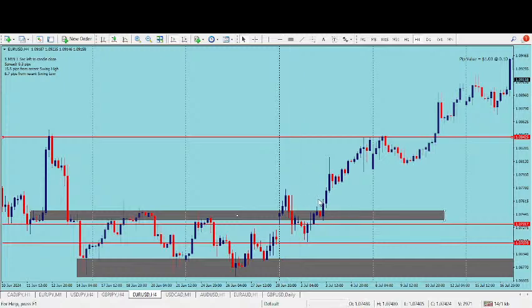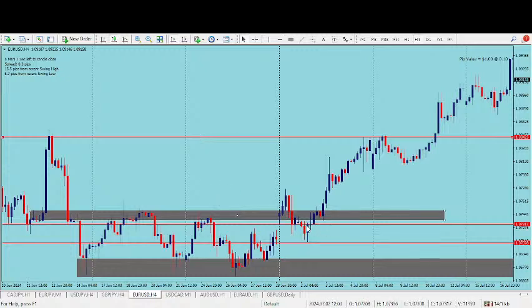You enter this trade at 1.0731, then your stop loss is 1.0708. So 31 minus 7 will give us about 23 or 24, so we have about 24 pips.